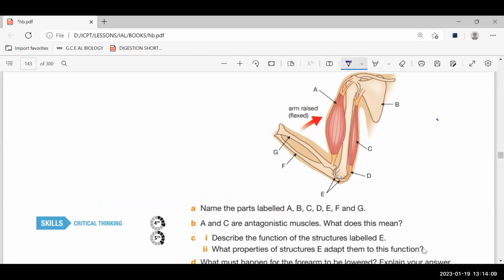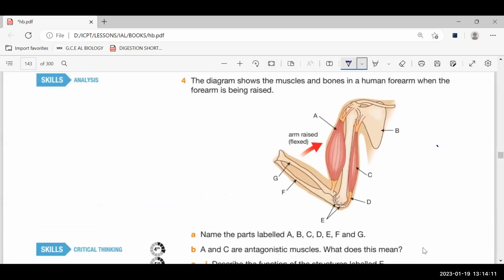So you can understand that in the exam you can get this kind of question. The diagram shows the muscles and bones in a human forearm when the forearm is being raised. Name the parts labeled A, B, C, D. Now you should be able to identify these because we have learned this is the scapula.